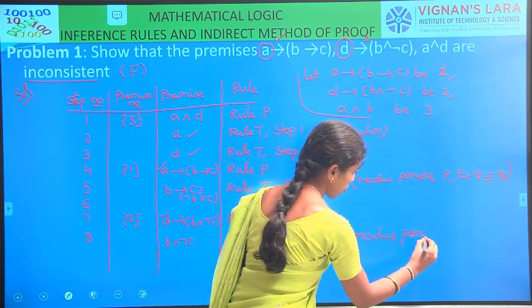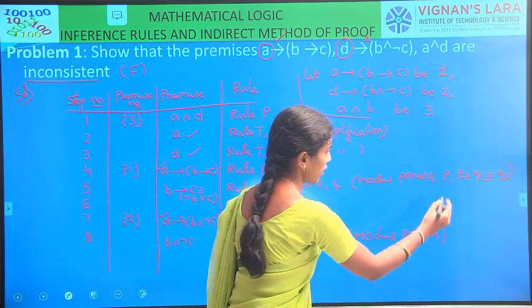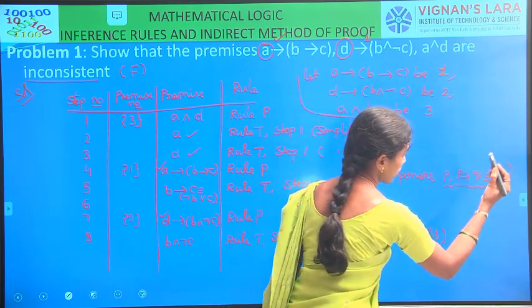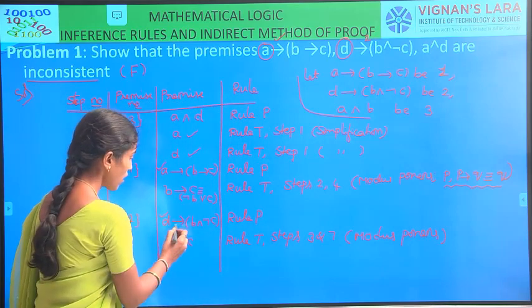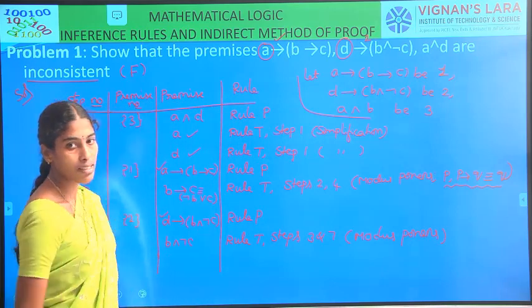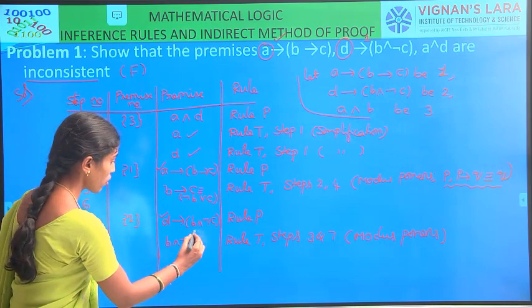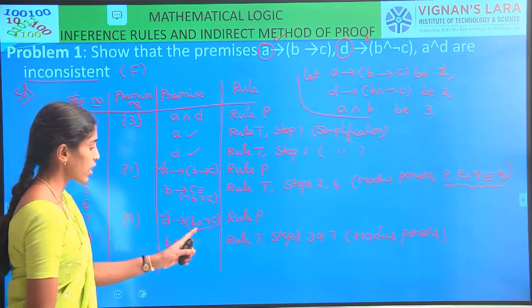What is the formula of modus ponens? Already we discussed here. P comma P conditional Q is equivalent to Q. Here D and D conditional B and negation C is equivalent to the right side part. What is the right side part?